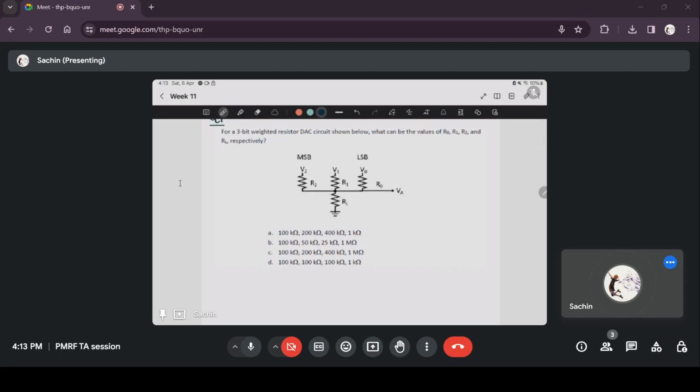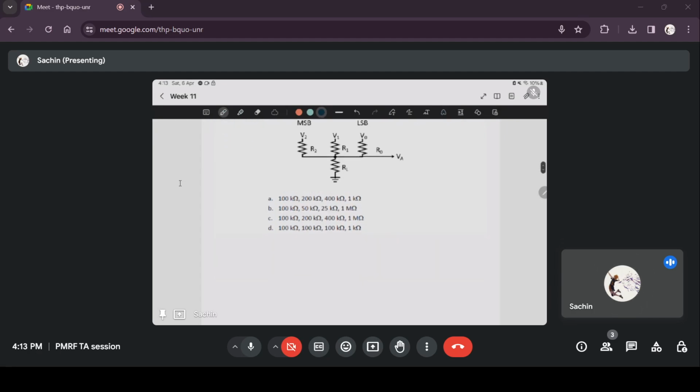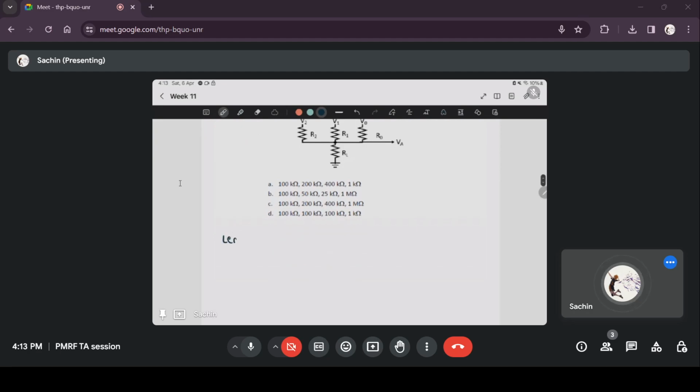This 3-bit weighted resistor DAC circuit was covered in lecture 51.